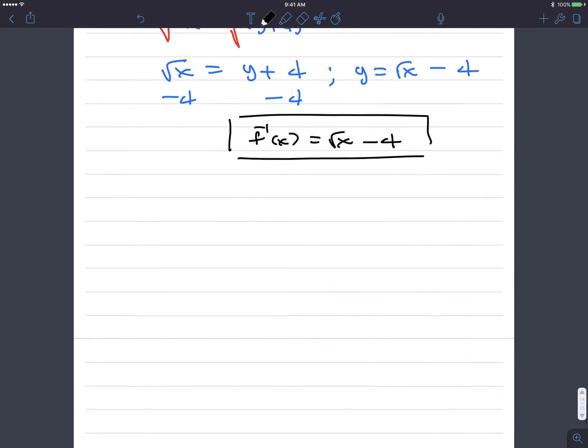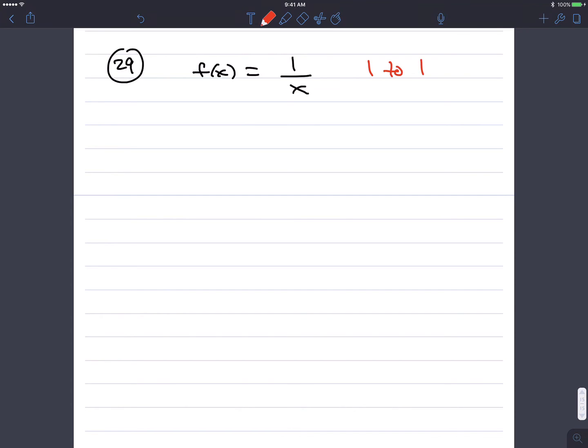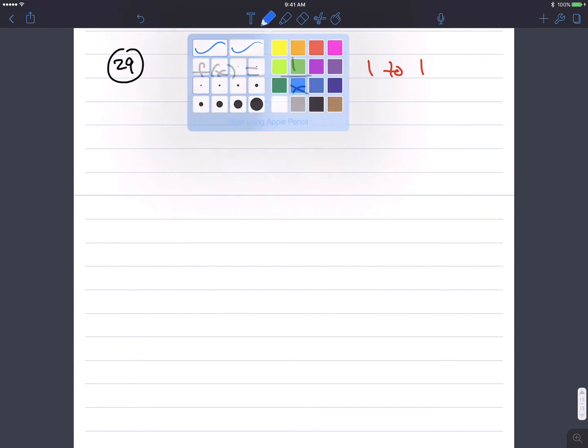And then we go to number what? What's the next? What number is this? 29 is 1 over x. Is this nice and one-to-one?